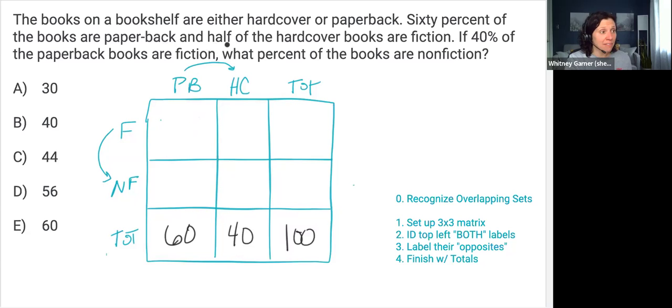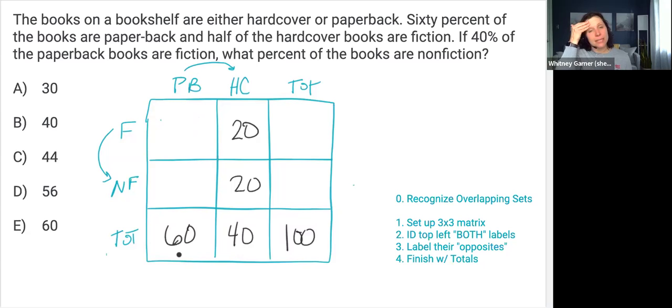Next, half of the hardcover books are fiction. Okay, if half of these 40 are fiction, that means 20 are fiction and 20 are nonfiction. If 40% of the paperback, okay, well, I have 60 paperback.